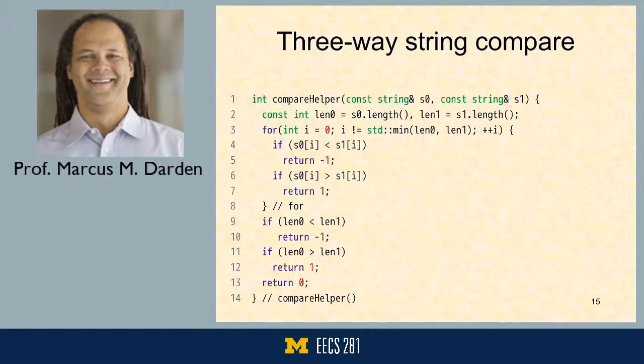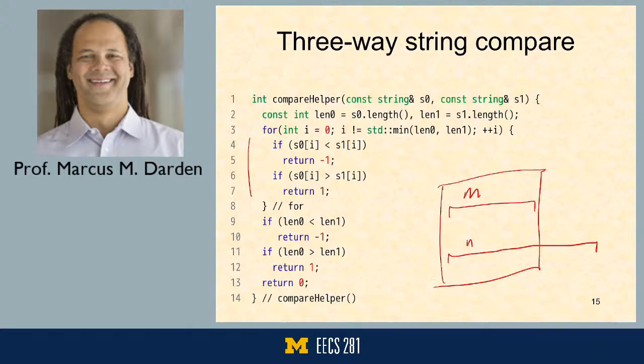So if I've got M characters in the first string and N in the second, regardless of which order they're in, the for loop handles this part of the comparison. It doesn't matter if that's M or N, or whether you look at this as S0 or S1.